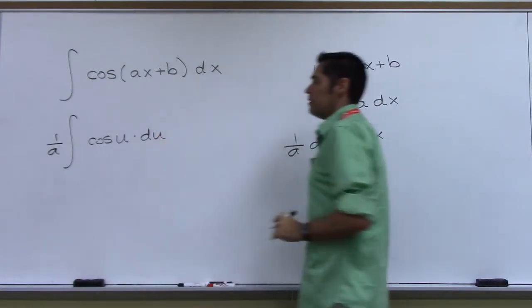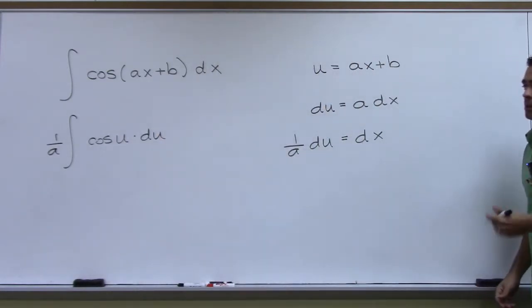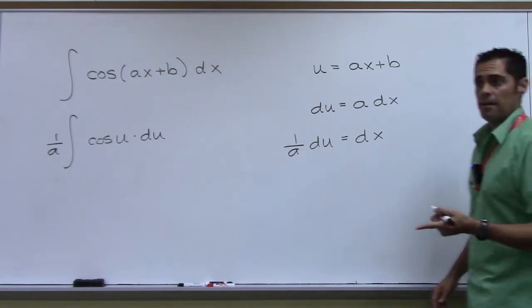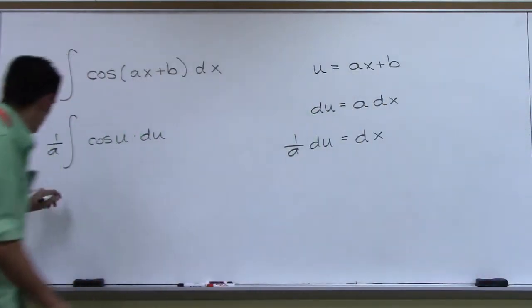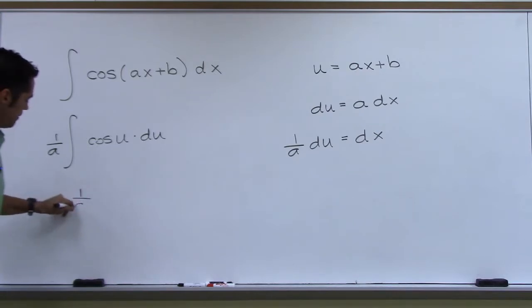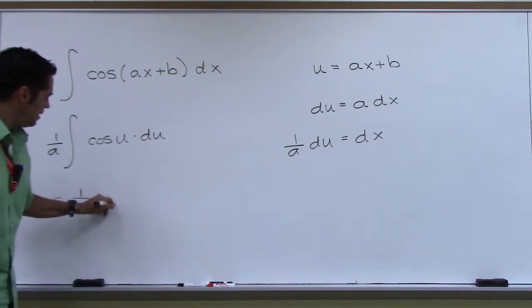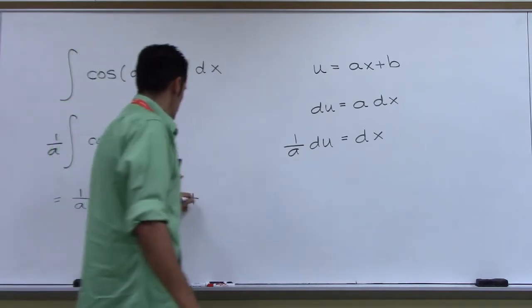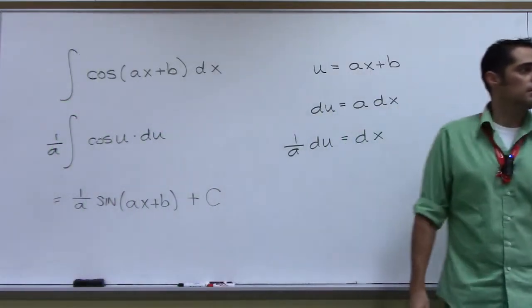Now, what's the antiderivative of cosine u? Other way around. Sine u, right? So this would just become 1 over a sine of u, but u is ax plus b, plus some constant. Do you see that?